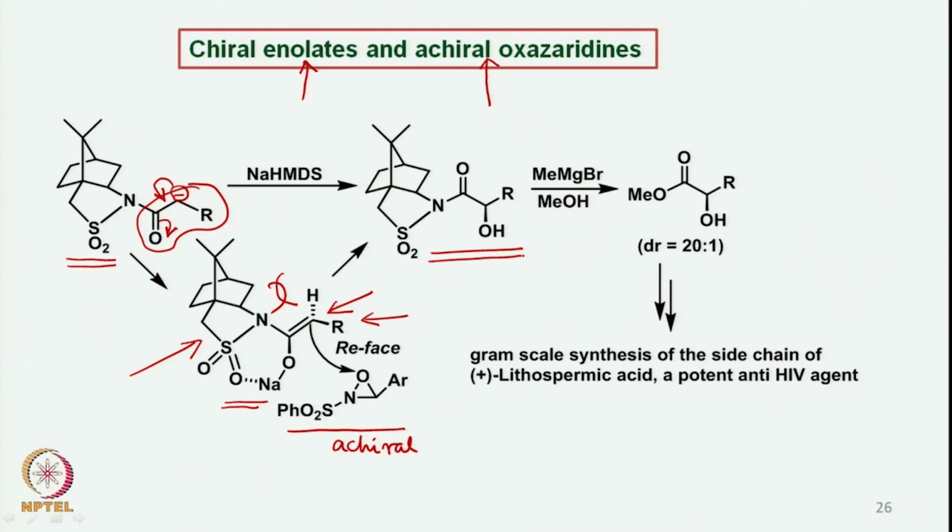One can see very easily that you get a ketone here like this, and the hydrogen is backside. So you have it like this where the oxygen is coming from below.